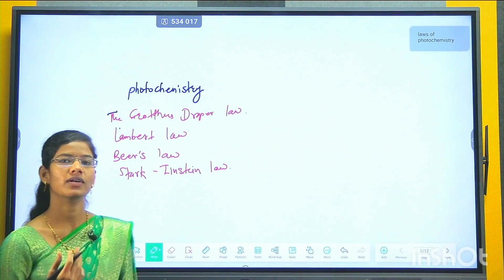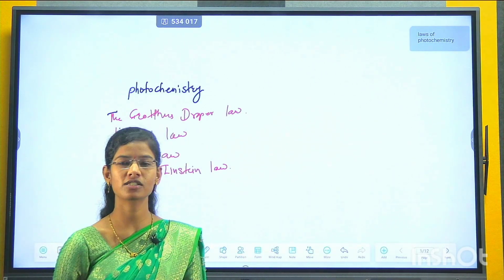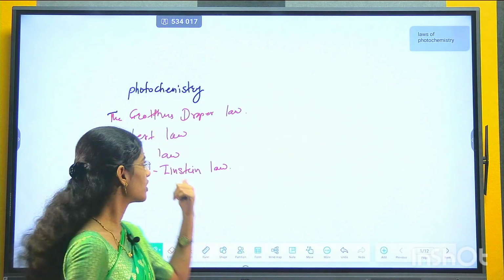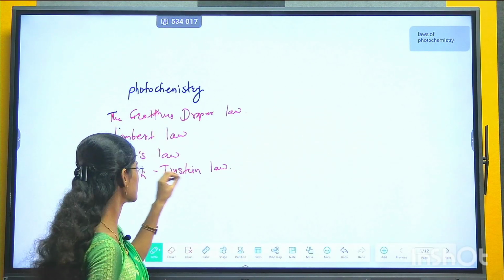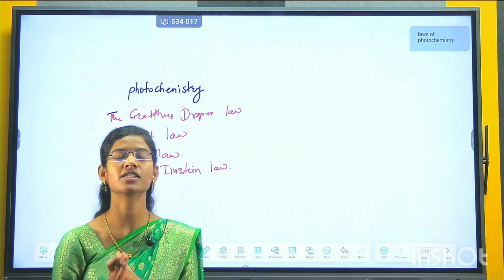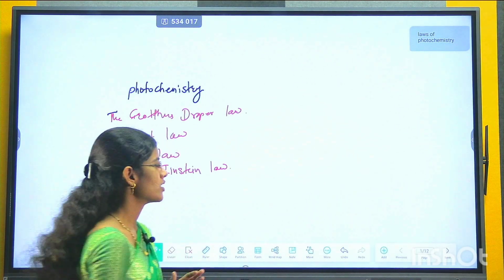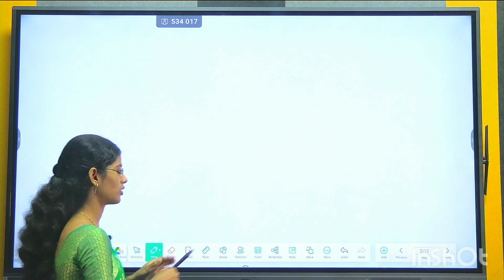As I told earlier, the Grotthuss-Draper law is also known as the first law of photochemistry. Then the second law is Lambert's law, then Beer's law. And lastly, the Stark-Einstein law, which is also called the law of photochemical equivalence or the second law of photochemistry. So now we start with the first law, that is the Grotthuss-Draper law.